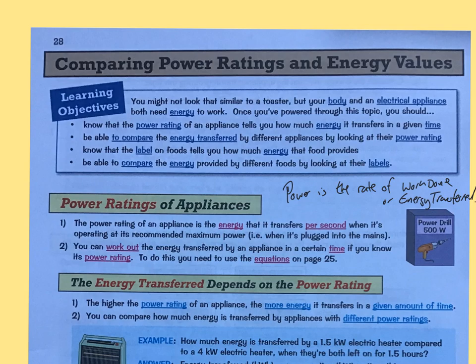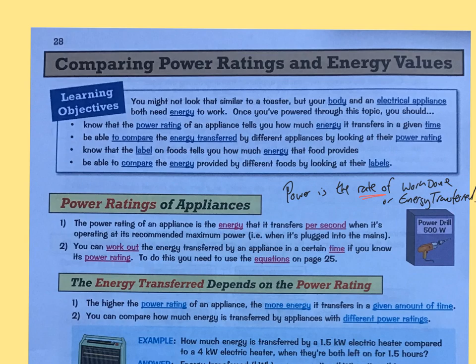And why that's quite a handy way of remembering it is, when something is rate of, it just means it's how much every second or every minute or every hour. It means per unit time. So what we have here is power is the rate of energy transferred. In other words, it's how much energy in joules is transferred every second, energy per second.